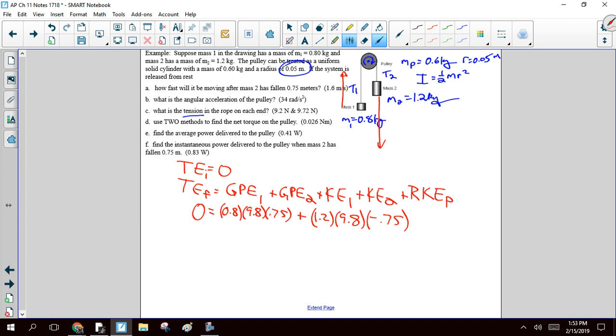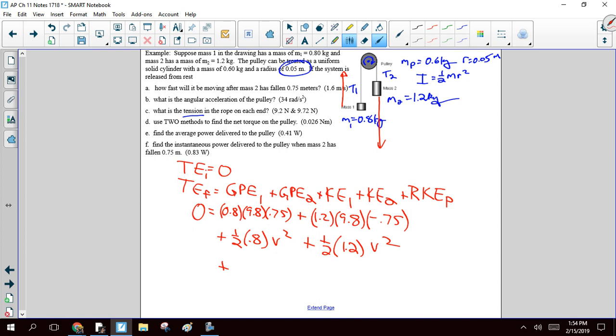Those are the GPEs, plus the kinetic energy. Kinetic energy of object 1 is 1/2 its mass times some velocity squared. Kinetic energy of object 2 is 1/2 its mass times some velocity squared, plus the rotational kinetic energy of the pulley.